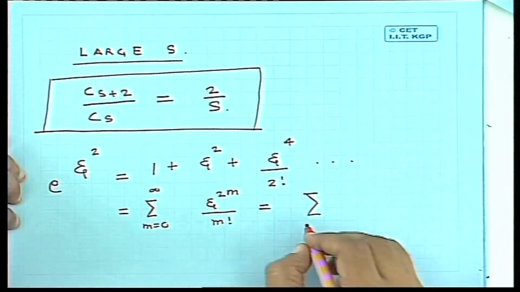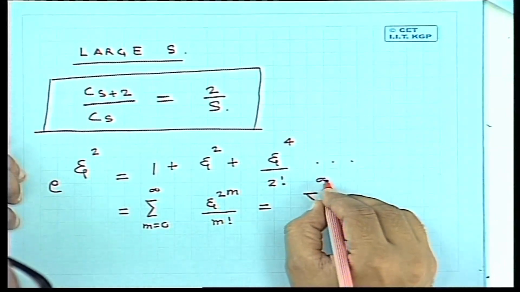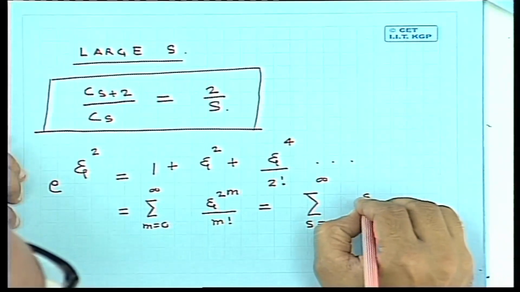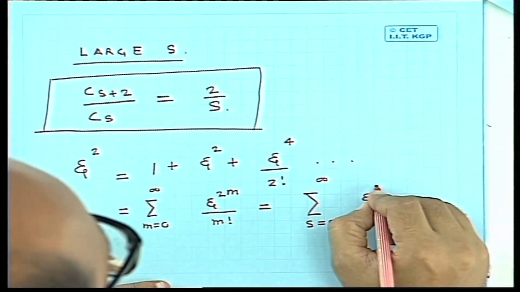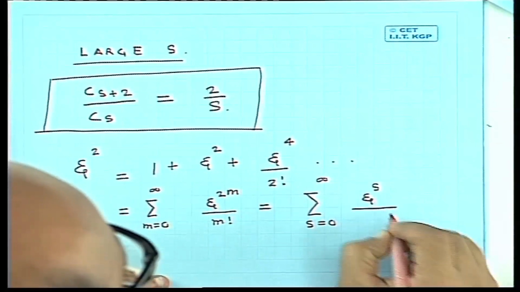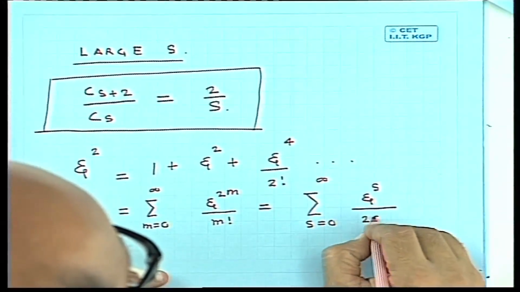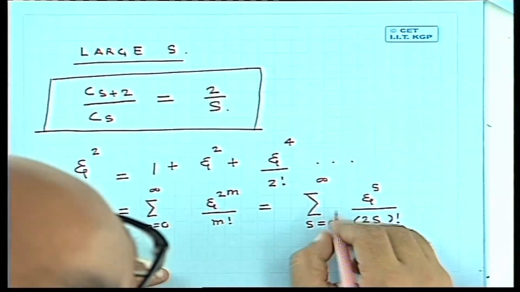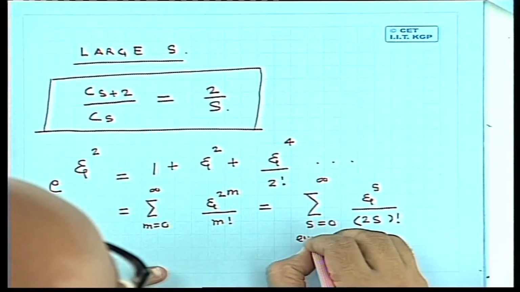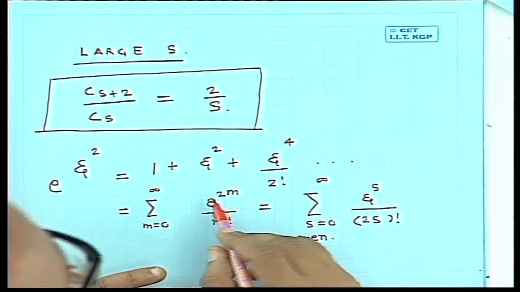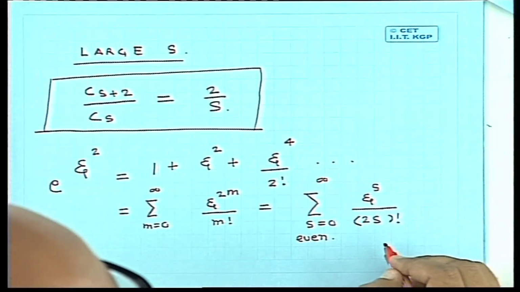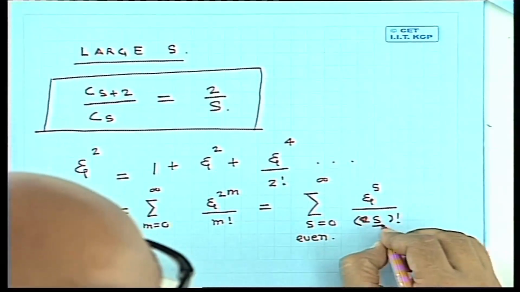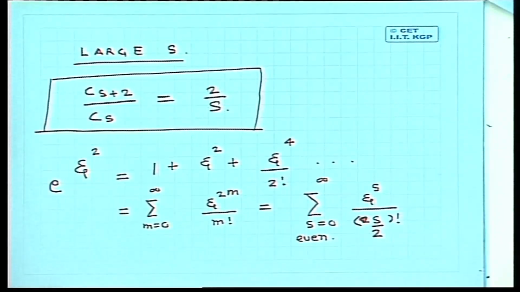Defining s to be 2m, s is now only even, so this is xi to the power of s, divided by (s by 2) factorial.